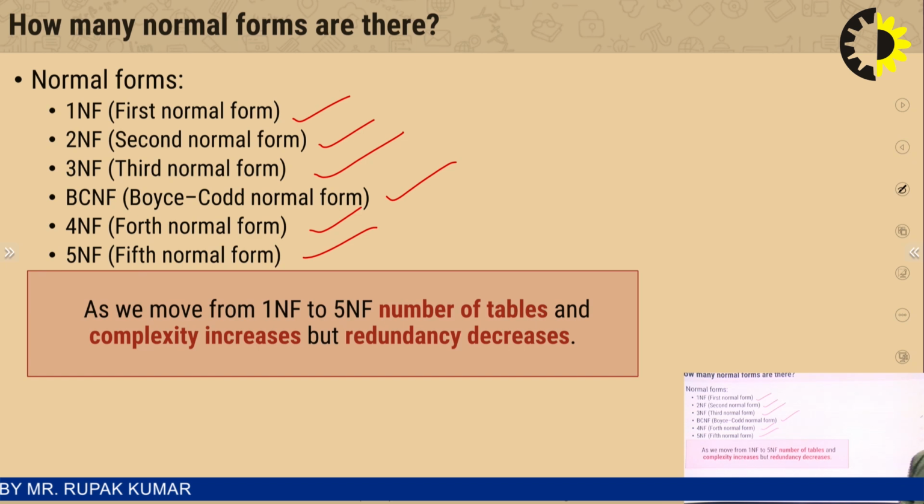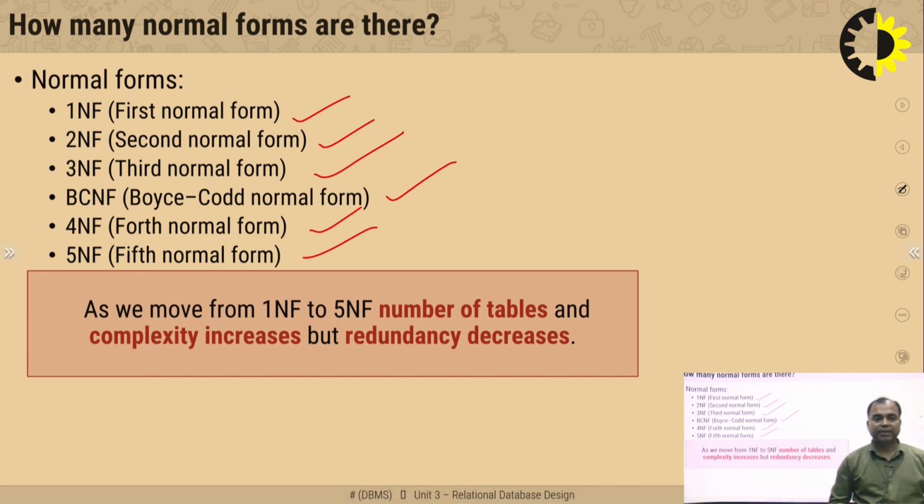As we move from first to fifth normal form, the number of tables and complexity increase, but the redundancy of data decreases, meaning we do not write the data repeatedly.